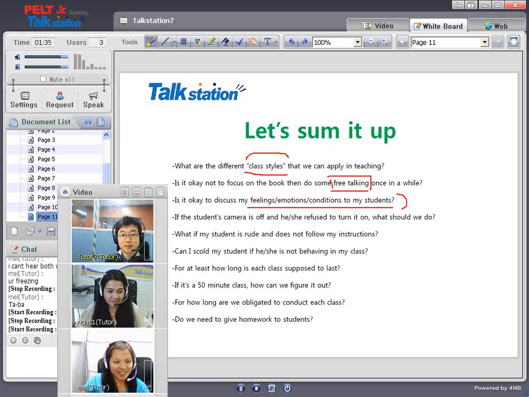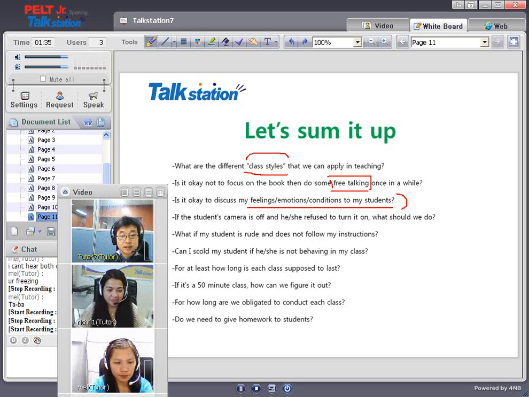It depends. If it has something to do with the topic presented, it's okay. If it's related to the material we are dealing with, it's okay to share tutors' feelings, thoughts, and emotions regarding the topic, as long as it is constructive. Exactly. Not too personal.